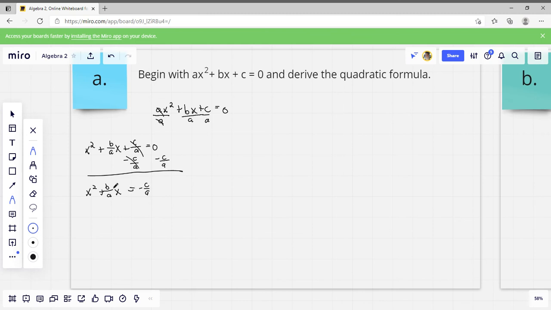Then we divide that one by 2 and then square it. So b over a times 1/2 would be b over 2a. And then we square it, so times b over 2a, and we get b squared over 4a squared. So we add that to both sides.